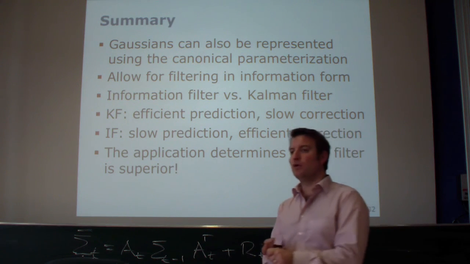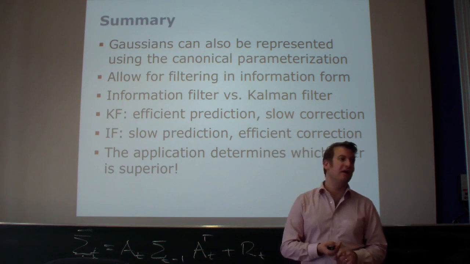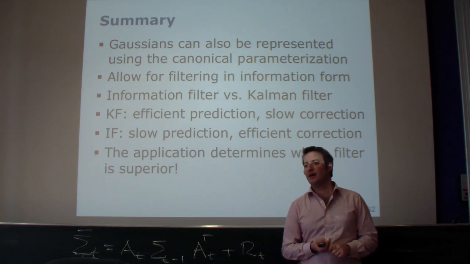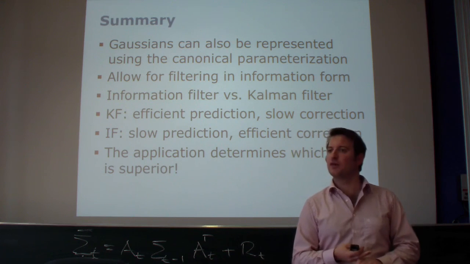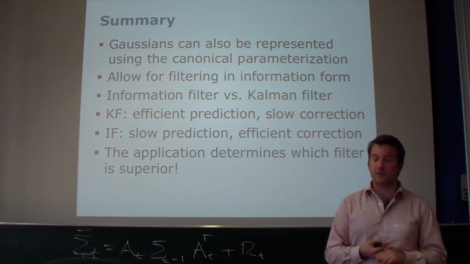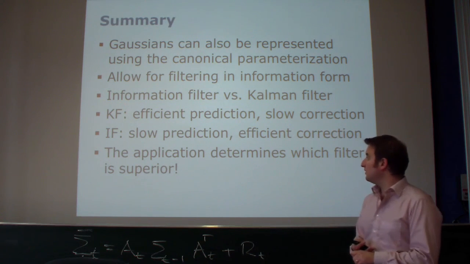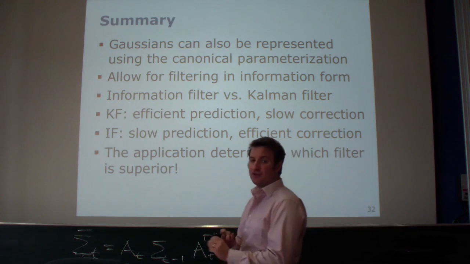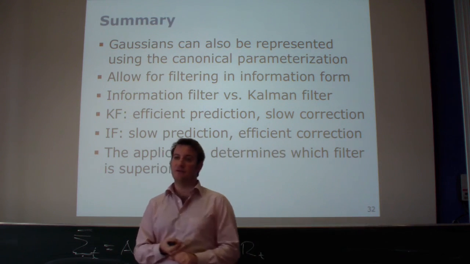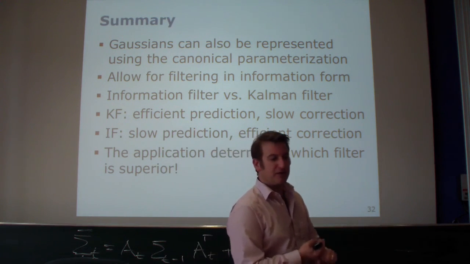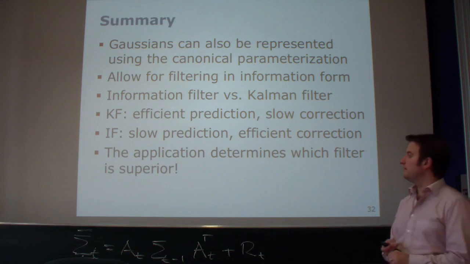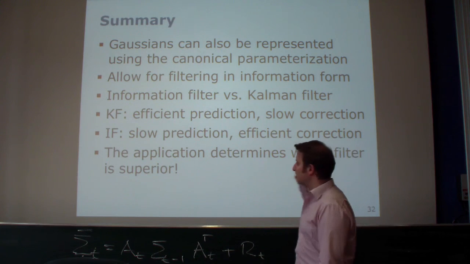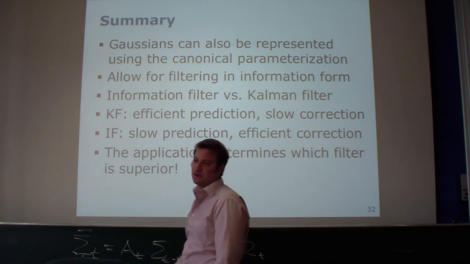Converting from one representation to the other requires inverting a matrix with the dimensionality of the problem, so this is a costly operation. The Kalman filter is efficient in the prediction and slow in the correction, and the information filter is exactly the other way around. It's slow in the prediction and efficient in the correction step. The application that we have determines which is superior.